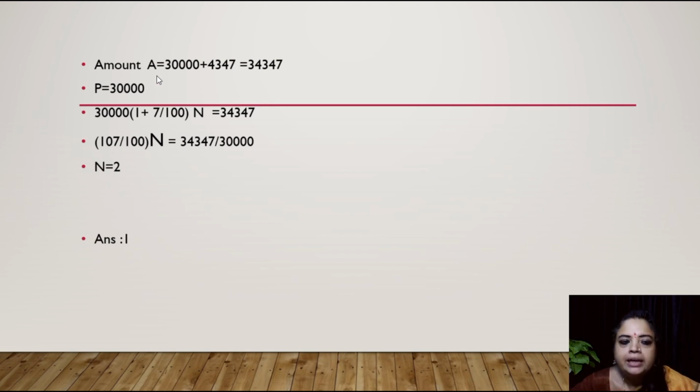So the principal amount is given as 30,000. The interest accrued needs to be added to the principal amount.